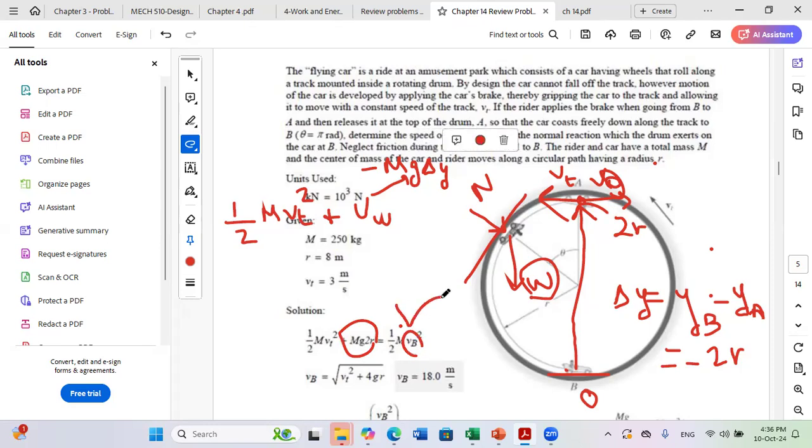Now, if I want to use the principle of conservation of mechanical energy, what can I say?